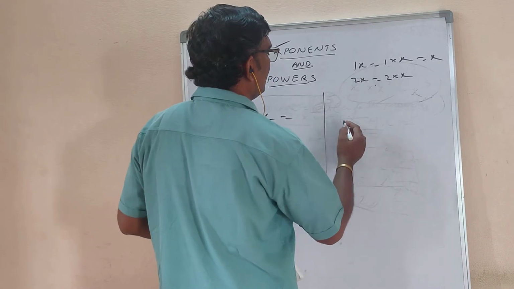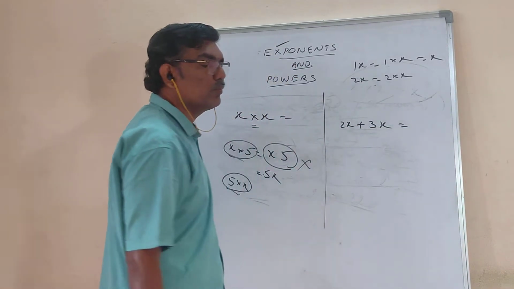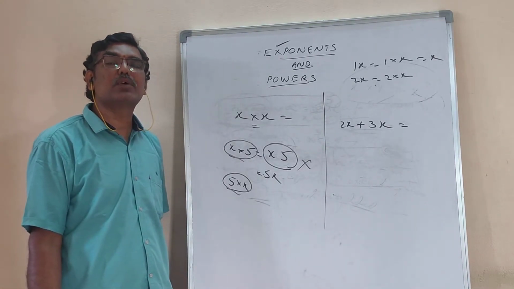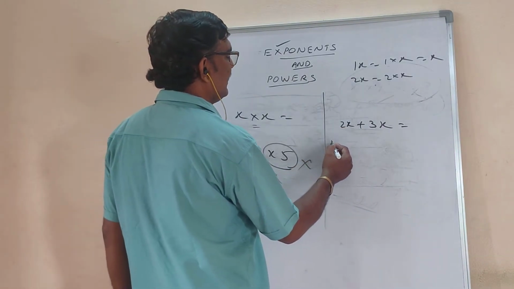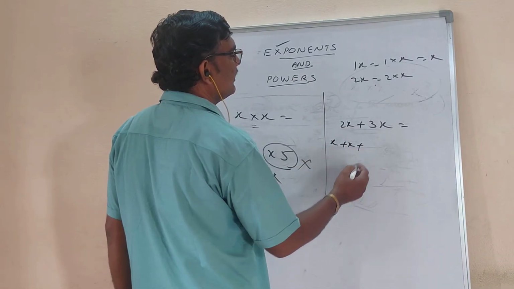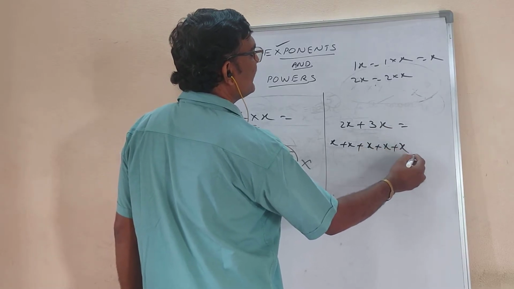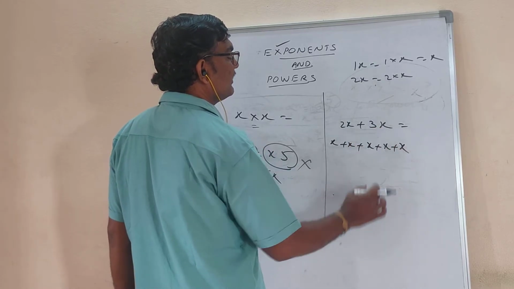That is, 2x plus 3x is equal to. See here, 2x means x plus x. 3x means x plus x plus x. If you add x 3 times, 3x will come.